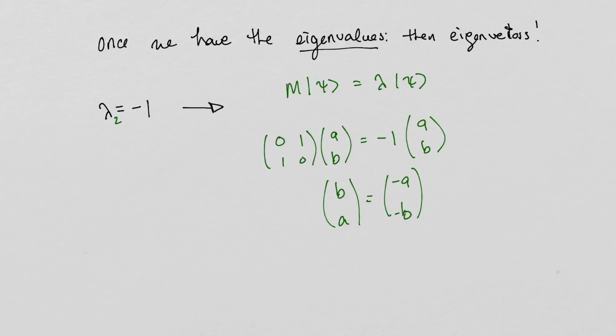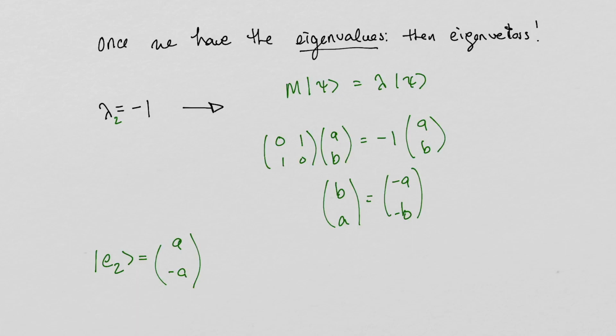I know that A and B have to be opposite of each other, but basically I found that the second eigenvector, the eigenvector corresponding to this eigenvalue, is going to be given by (A, minus A). Well, that's not particularly useful, because I don't have any equations left to be able to solve for what A is.